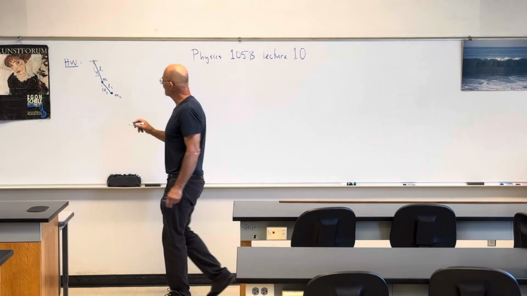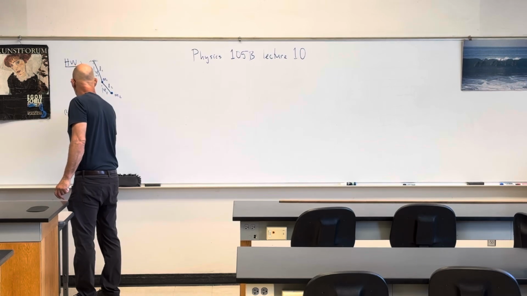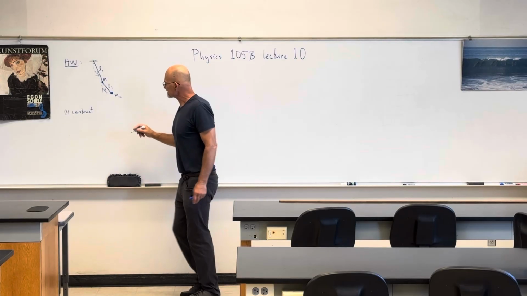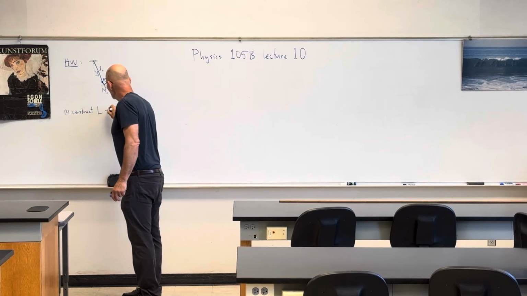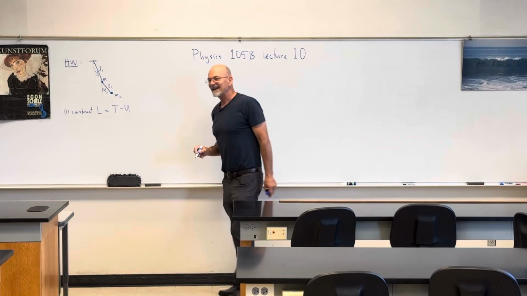And the first thing we want to do is construct the Lagrangian. And I'm going to start this one off. Construct L equals T minus U. So we need the kinetic energy.